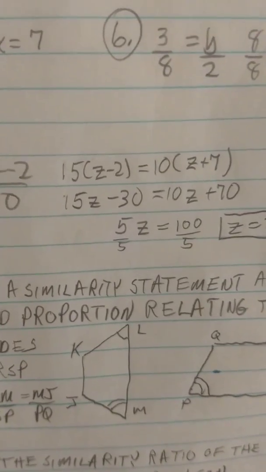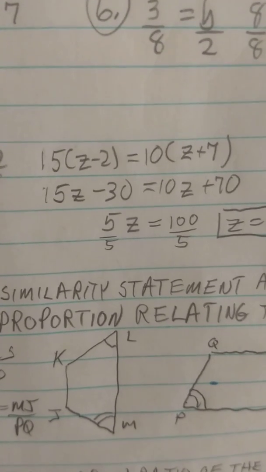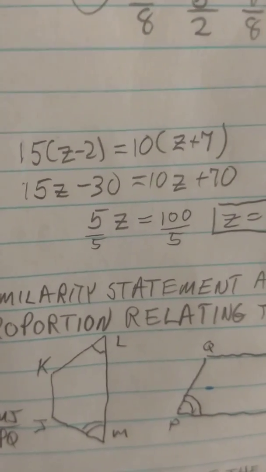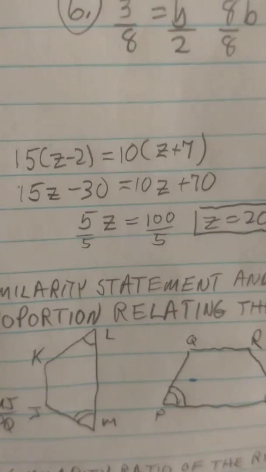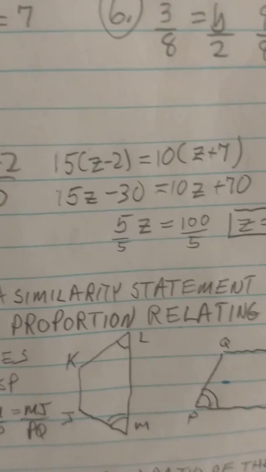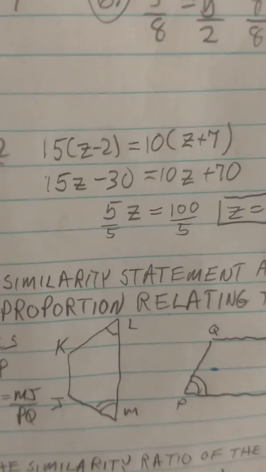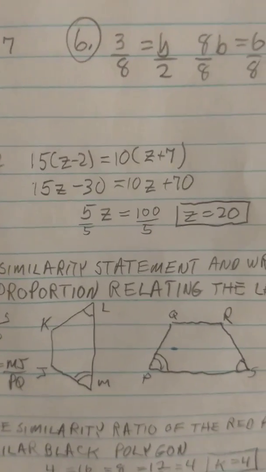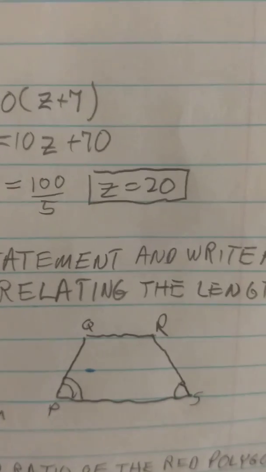Now, in order to solve this, I'm going to subtract 10z from both sides, making it 5z on the left. 15 minus 10 is 5z. And I'm going to add 30 to both sides, making it 70 plus 30 is 100 on the right. So just taking the steps, as you know how to do, is 5z equals 100, dividing by 5 is z equals 20.